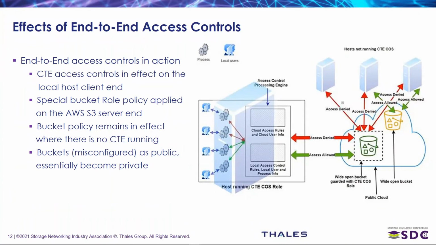It employs these two means of control simultaneously. They work in tandem. Its function is to limit S3 access requests to only those from the host running CTE with this end-to-end option appropriately configured and activated.